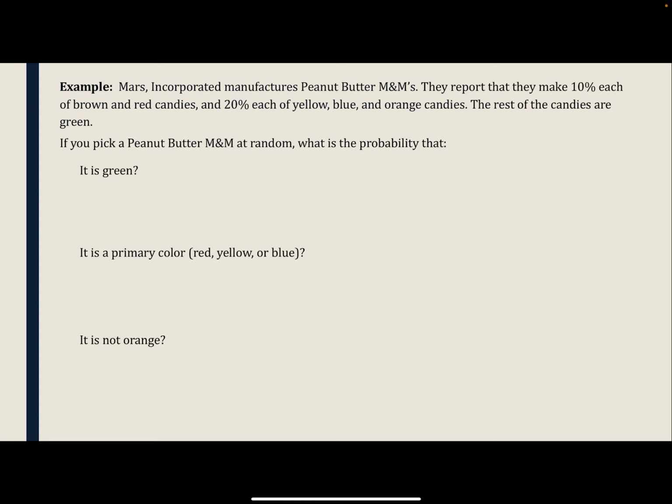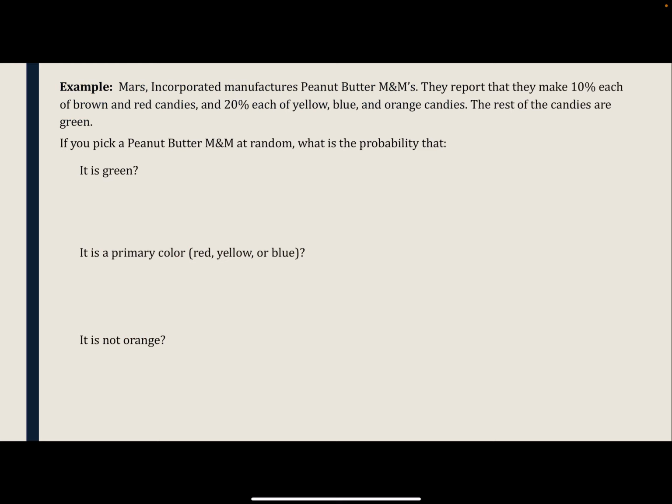Here's another example. Mars Incorporated manufactures peanut butter M&Ms. They report that they make 10% each of brown and red candies, 20% each of yellow, blue, and orange candies. The rest of the candies are green. If you pick a peanut butter M&M at random, what is the probability that it is green?